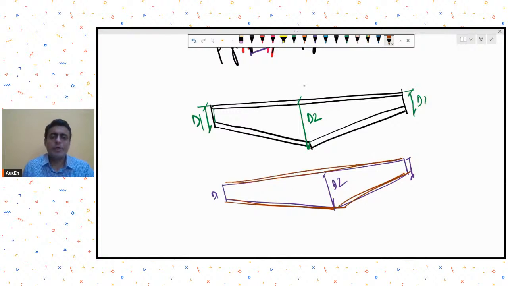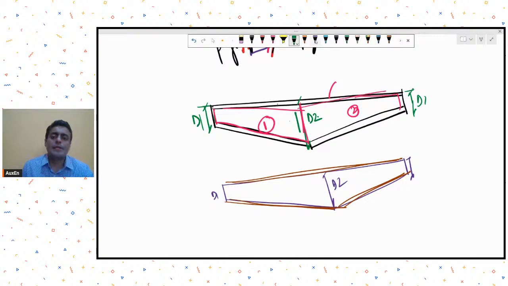Or the other way can be that I make this web into two parts. So this sort of trapezoid shape becomes my first part of the web. This becomes my second part, and these are my flanges. Again, I fillet weld my flanges. Okay, and then now regarding this one and two, there are options. I may go for a butt weld.